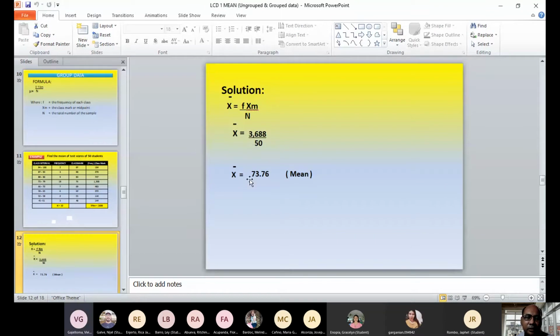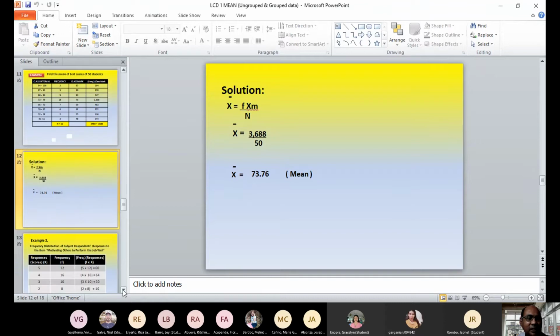So the mean is 73.76. So that is how to compute the mean by using grouped data. Then, you try to interpret.